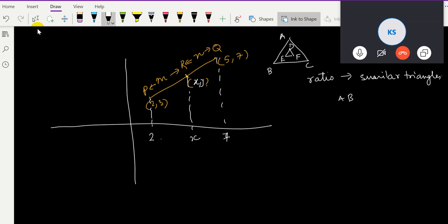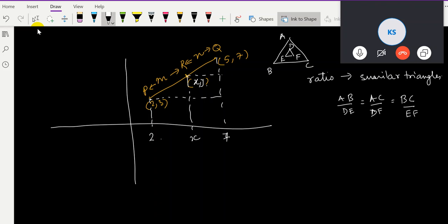So AB by DE is equal to AC by DF is equal to BC by EF. This is the concept. Wherever you encounter a ratio, you always try and see if you can use the concept of similar triangles. So again, we will do the same thing.